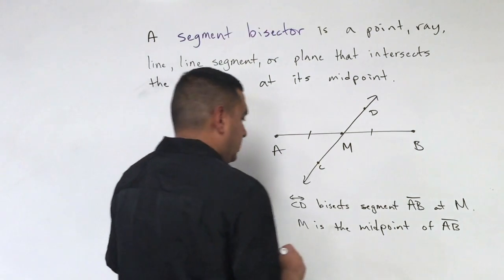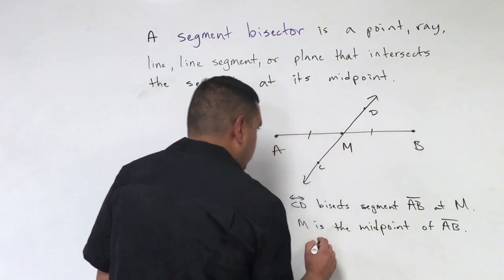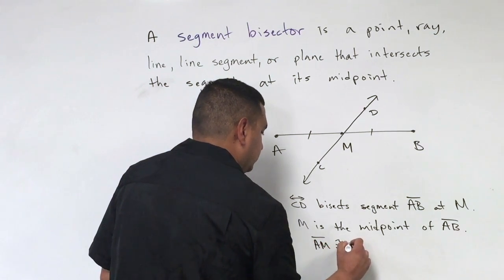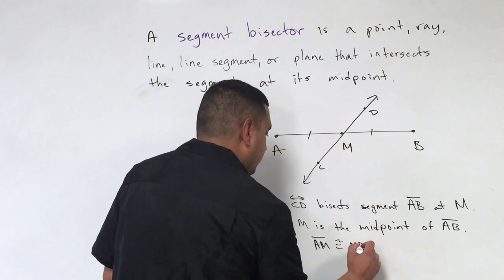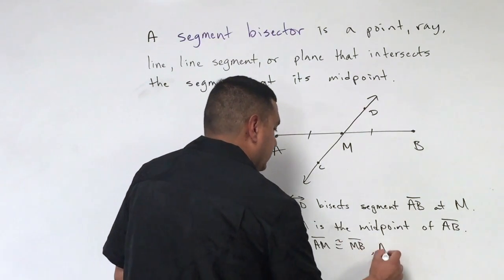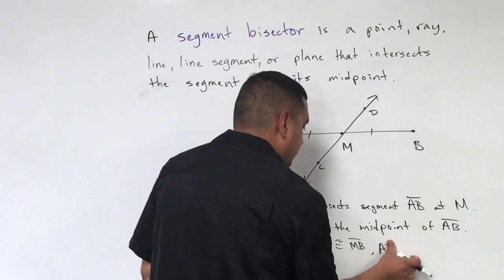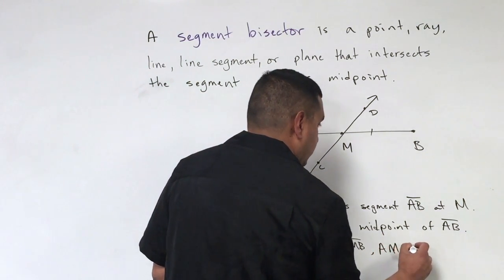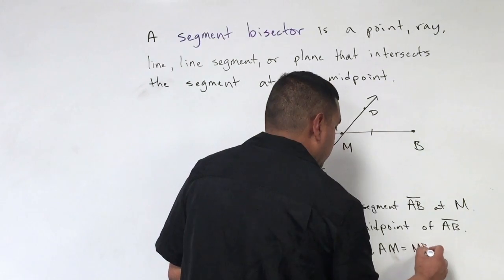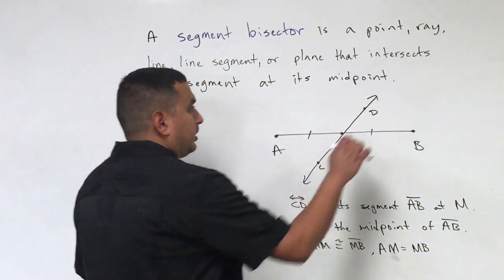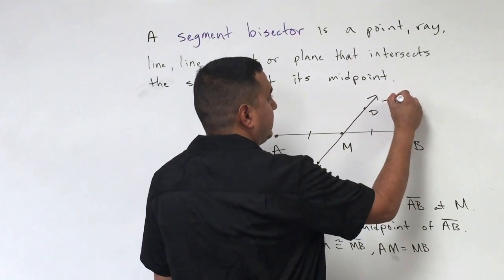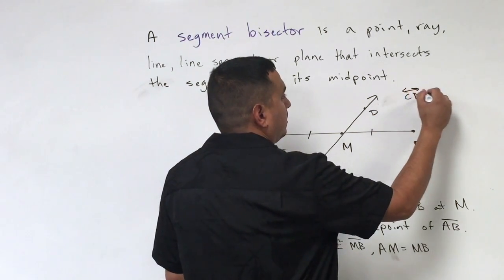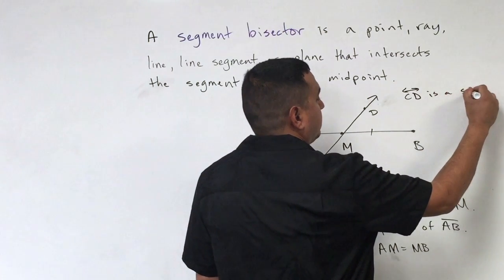That tells you that AM is congruent to segment MB, which means, again, like we did before, that segment AM, or the distance from A to M, is equal to the distance from M to B. And so this line CD is a segment bisector.